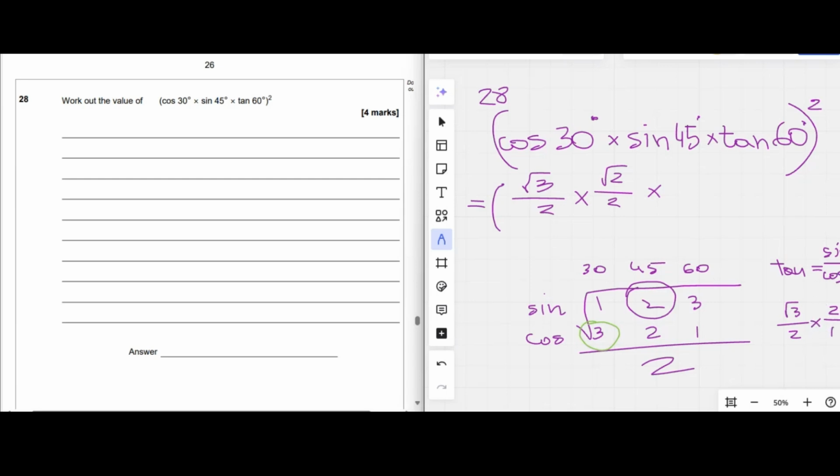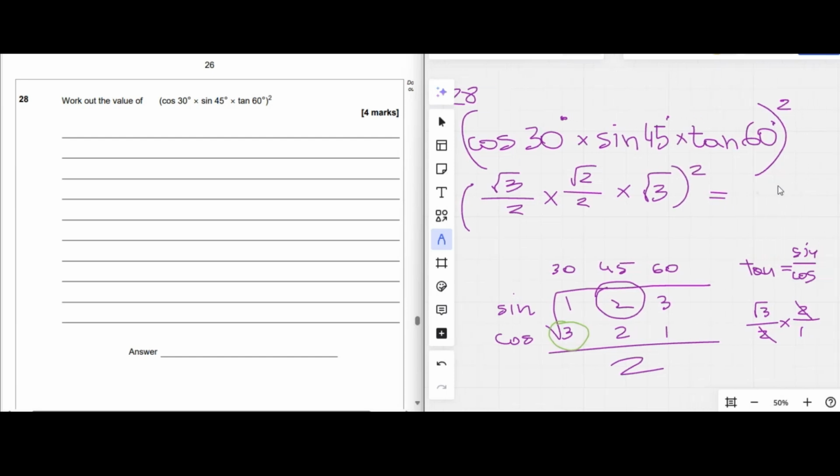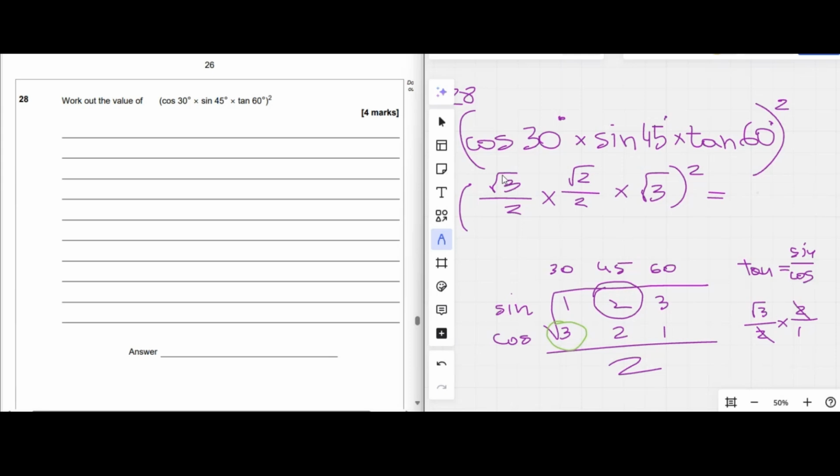we change to multiplication by the flipped fraction. So 1 over 2 is 2 over 1, so that will be just square root of 3. Squared. Okay, this square root of 3 and that square root of 3 together is just 3 times square root of 2 divided by 2 times 2, 4.